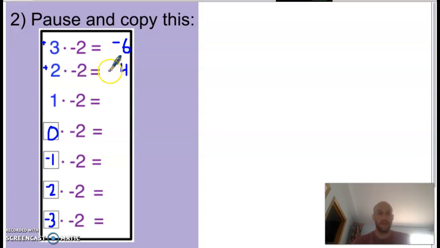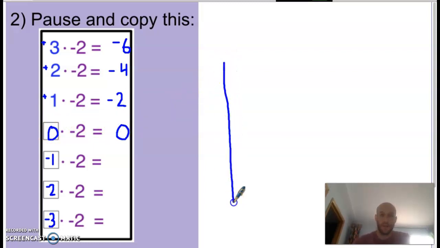Positive times a negative is a negative. Same thing here. We have a positive times a negative, -2. 0 times anything is 0. Okay? So I'm going to draw a quick number line so you can see this.